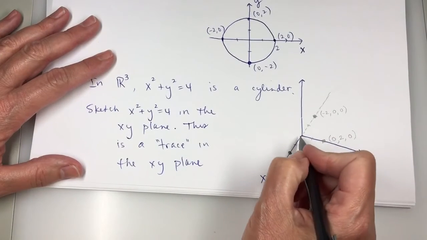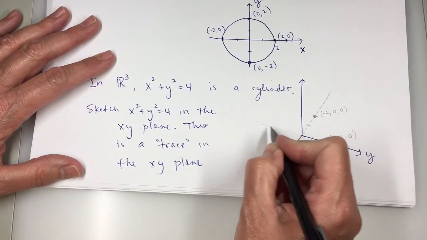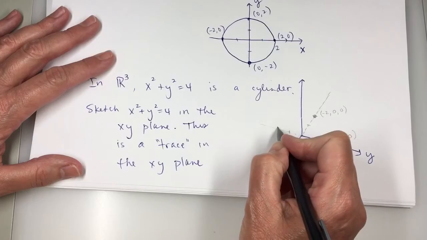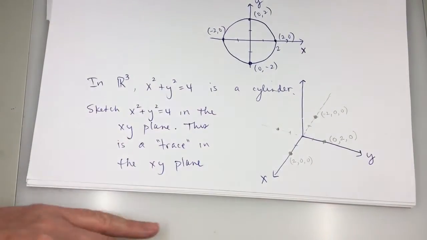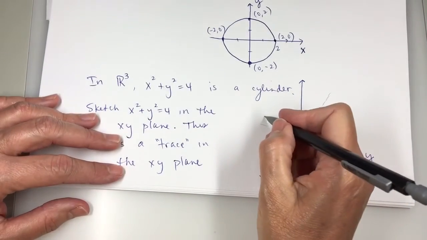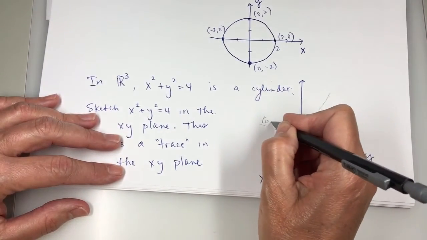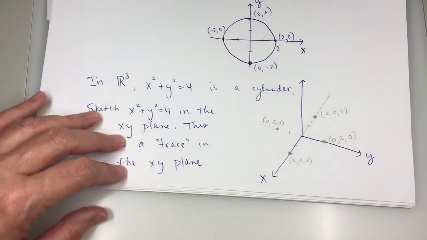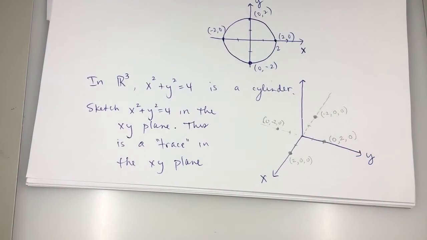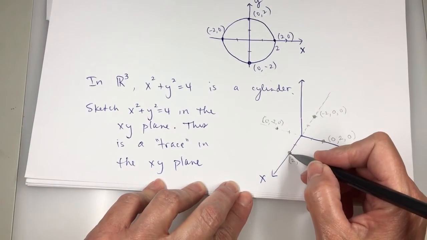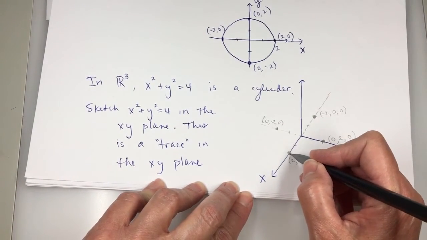And these points are on the cylinder. And then in this direction, this point is 0, negative 2, 0. From here, sketch the circle. Now it's going to be a little lopsided looking because you're trying to sketch 3 dimensions.